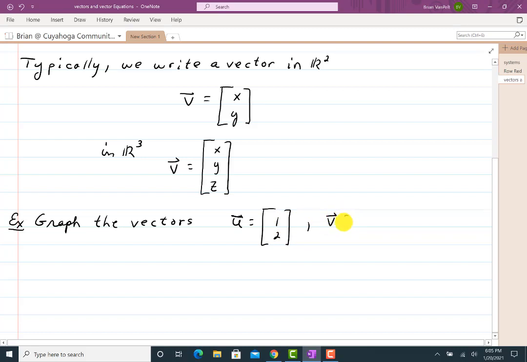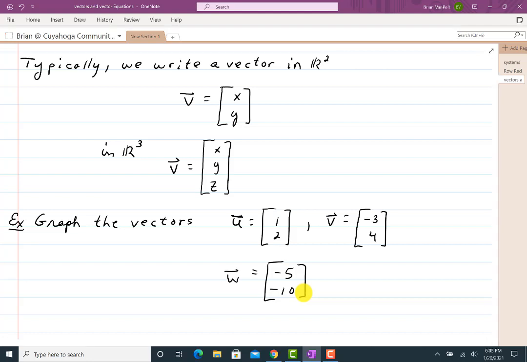V will equal -3, 4, and then W will equal -5, -10. So all three of those are in R2, which means they're all in the regular plane.